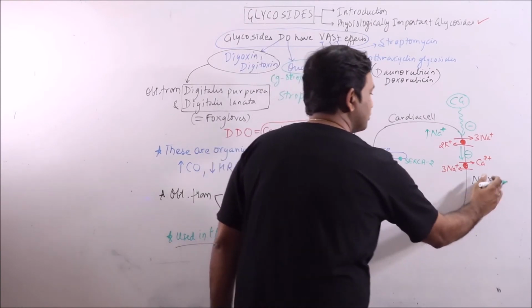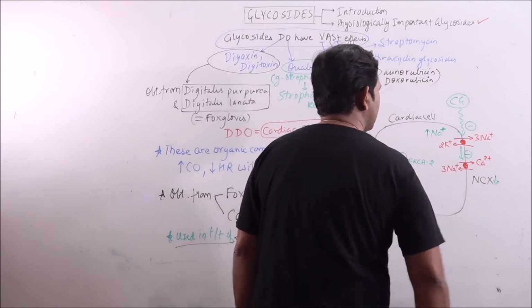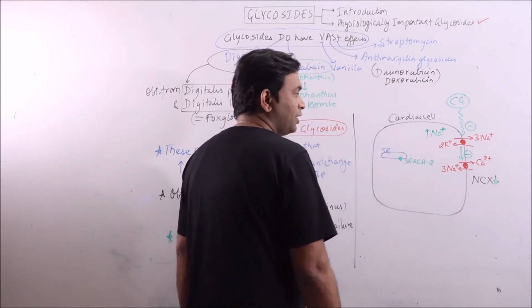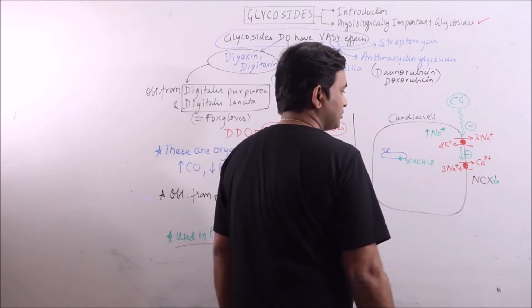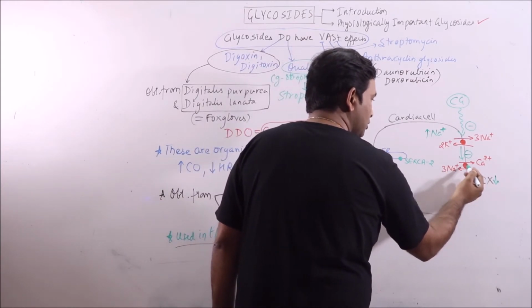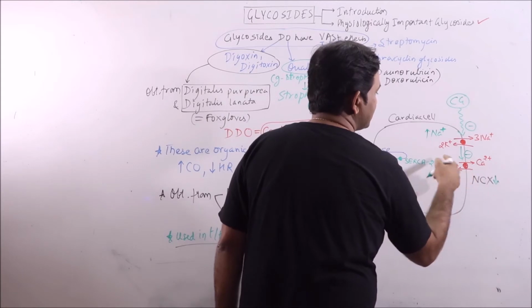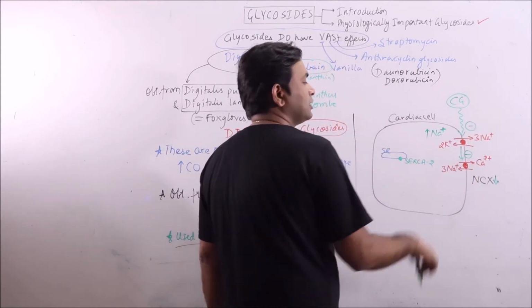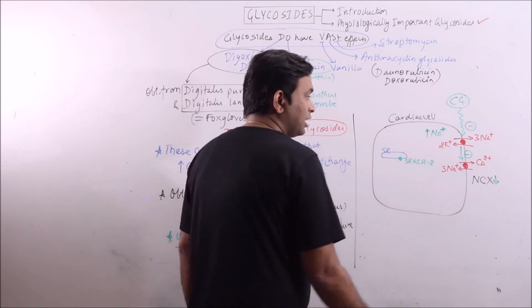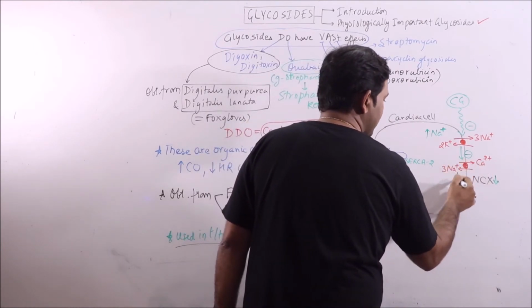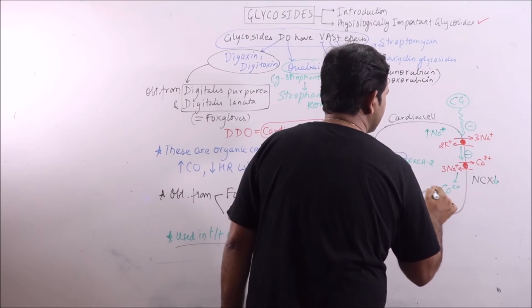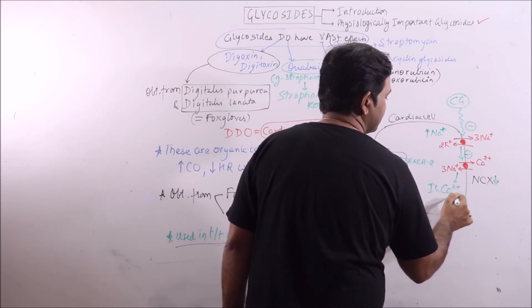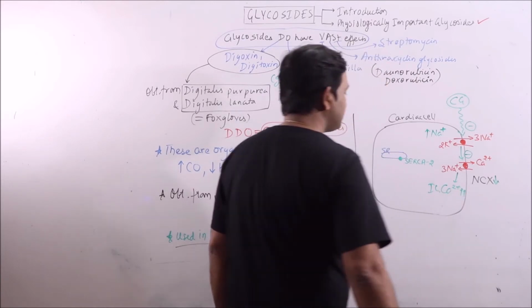Because of this, the NCX pump is also affected and is unable to work, because of which more calcium is retained in the cell, as it is unable to pump the calcium out of the cell into the extracellular fluid. Because of this intracellular calcium increases.